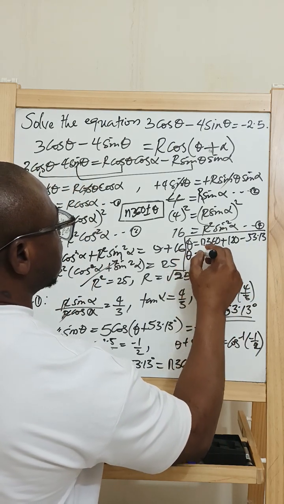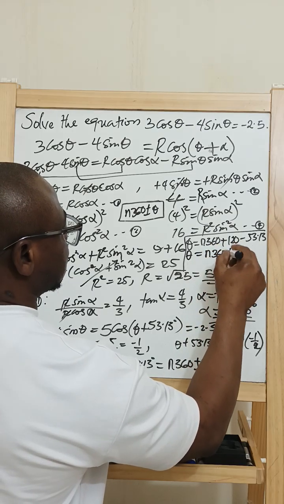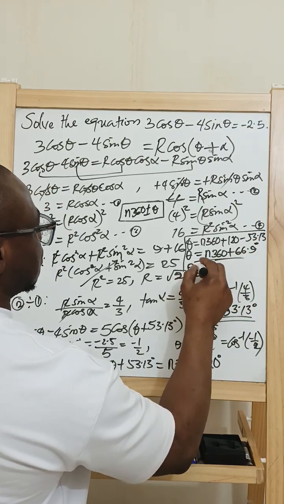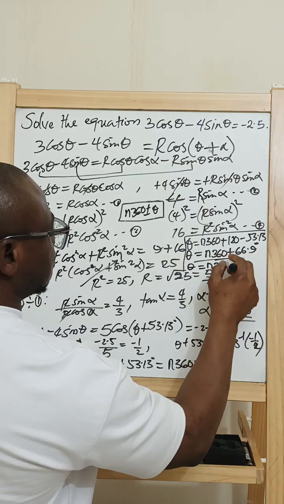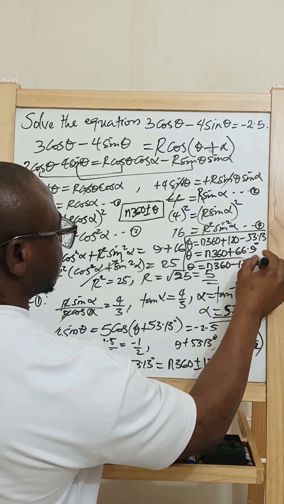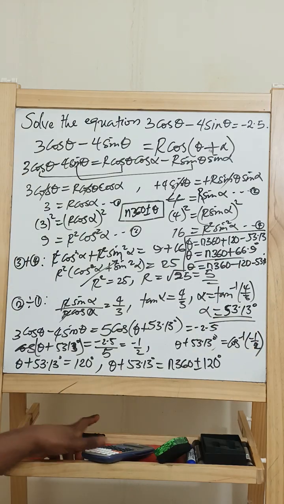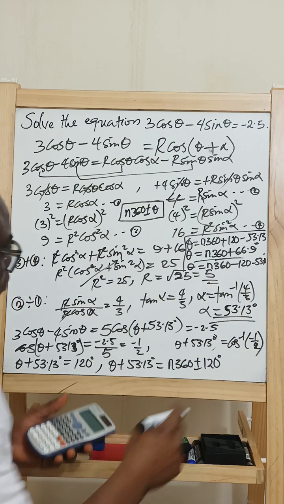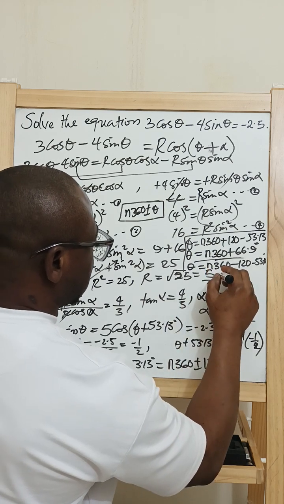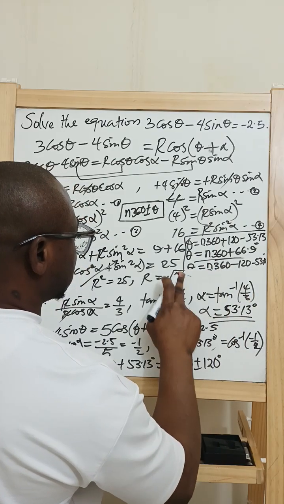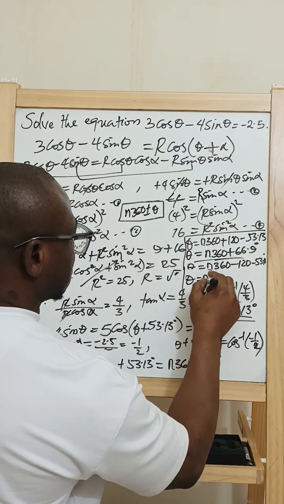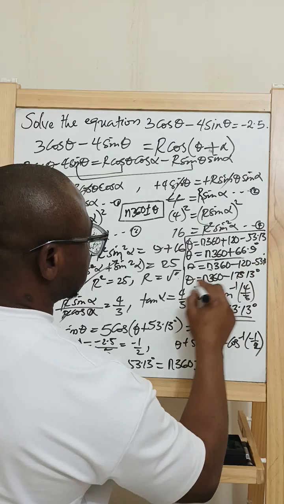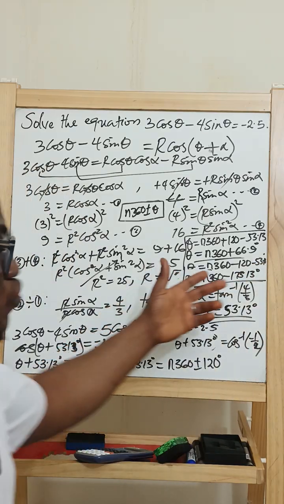So theta will be n360 plus 66.9 degrees. That's one solution. The other solution is n360 minus 120 minus 53.13, so that would be 173.13. So theta equals n360 minus 173.13. This is the second solution.